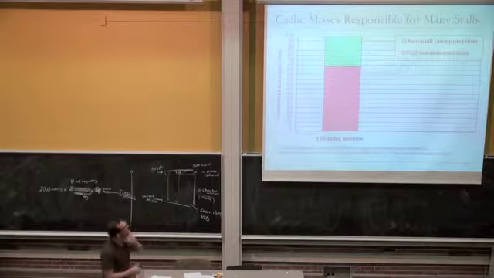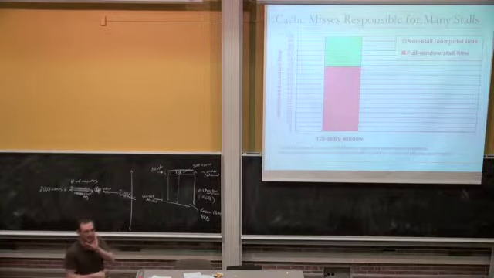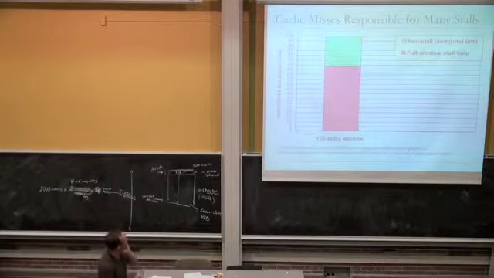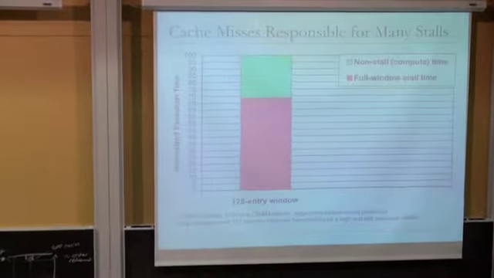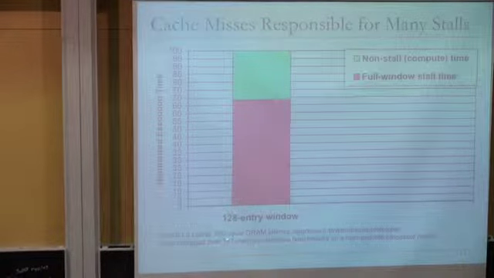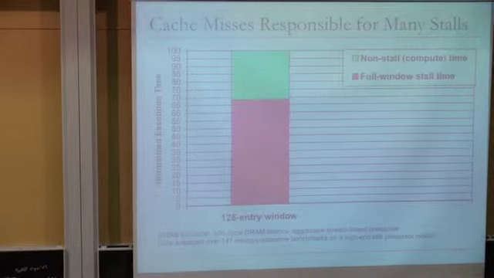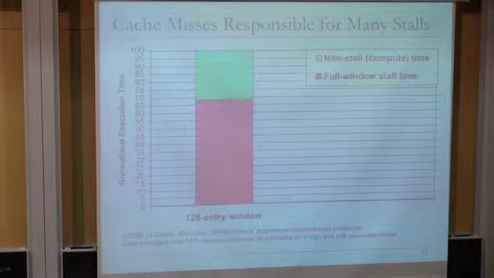These are simulation results, but these are similar to a lot of data in existing processors. So if you look at an out-of-order machine today with a 128-entry window, this is the execution time averaged across many, actually, in this case, 147 memory-intensive workloads that actually exercise memory.